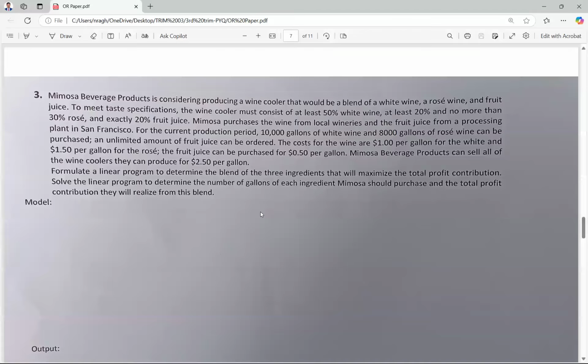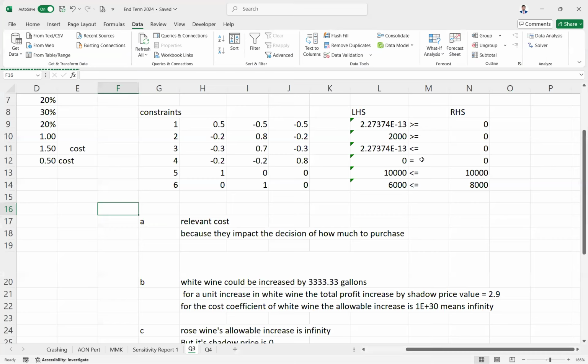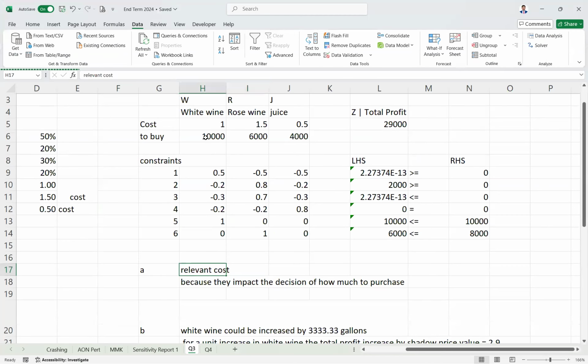So if you see the further questions: is the cost of the wine and fruit juice a sunk cost or relevant cost in this situation? It is a relevant cost. Relevant cost means if these values are changed, the entire profit could change. Sunk cost means it is a capital cost, fixed cost, which has already been expensed, already been used.